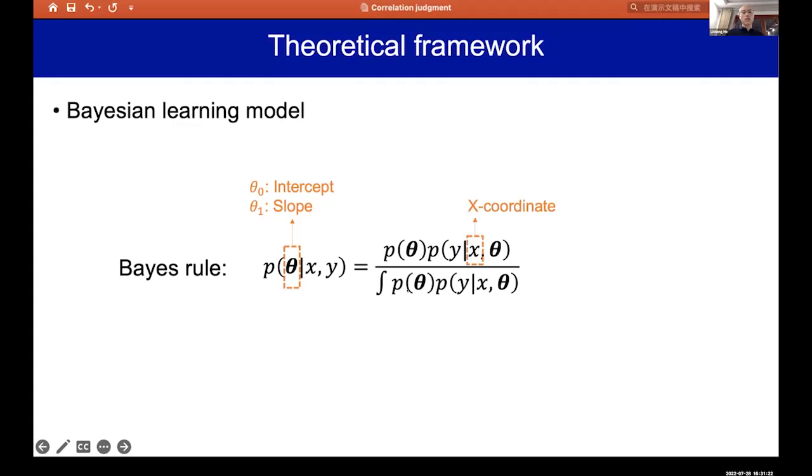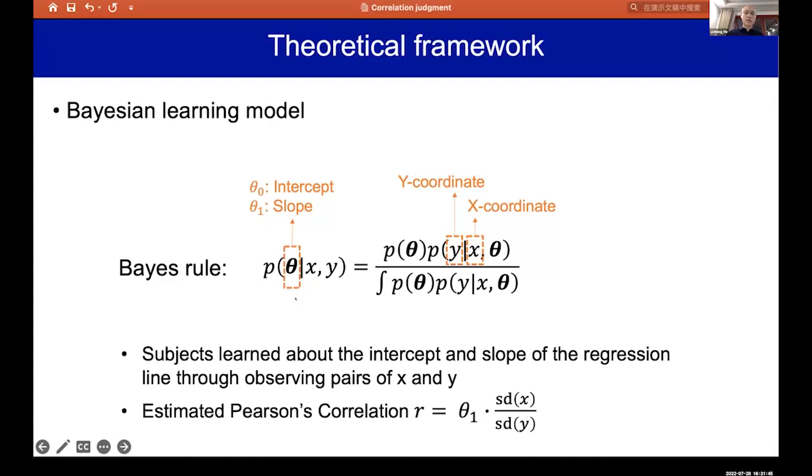This update is based on the observed data points they got from the graph. Here we have the x coordinate and the y coordinate of these data points. This is a pretty straightforward standard Bayes rule, and participants may be able to get the resultant theta after observing a subset, maybe not all, of the data points. So we can get a posterior estimation of theta 0 and theta 1.